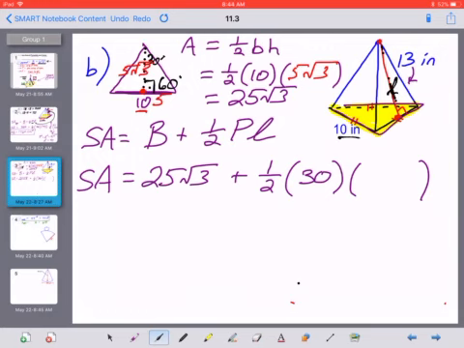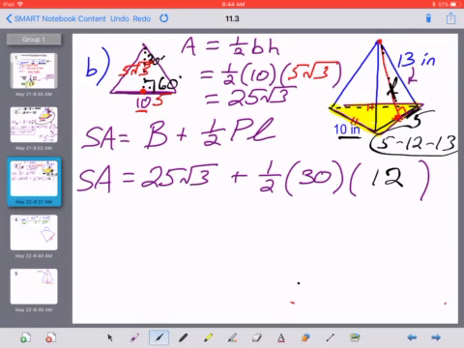Same trick we did in the last one. If this whole bottom side is 10, this little piece right here is going to have a length of 5. And remembering our Pythagorean triples, if a leg is 5 and the hypotenuse is 13, we know that our slant height has to be 12, because 5, 12, 13 is the second of the Pythagorean triples we were supposed to deal with back in Chapter 8.